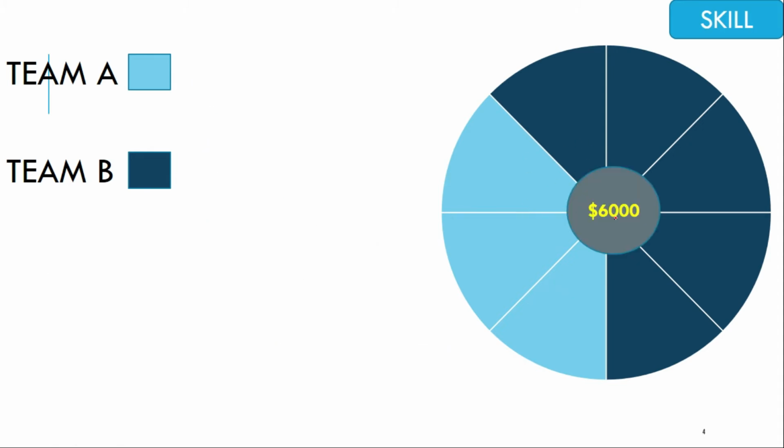Now think about splitting $6,000 between these teams. We have already seen that it's 3 out of 8 and 5 out of 8, which is the total win that each team has gained. The fraction of money that each team gets is based on the win. It is 3 over 8, or 3/8 of 6,000, and here it is 5 over 8, so 5/8 of 6,000, that you're going to get distributed.